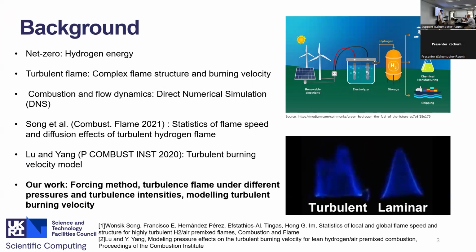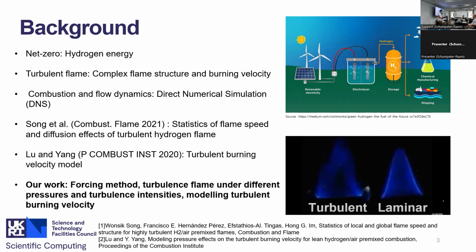Hydrogen will be used as an energy source for mobiles, airplanes, cargo ships, and cars. But as also mentioned in the keynote, people still know very little about hydrogen flames because the burning velocity is much higher than other carbon-based fuels. So we need to understand hydrogen combustion more before we can use it at scale.